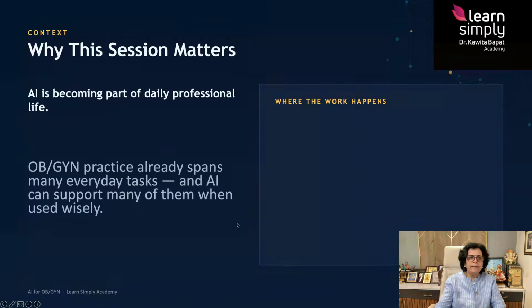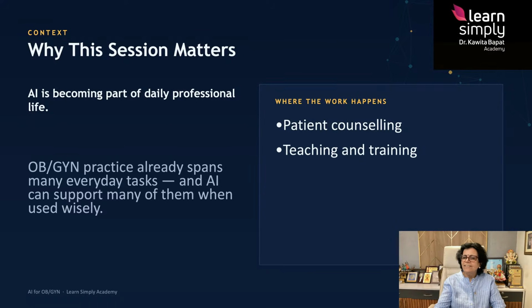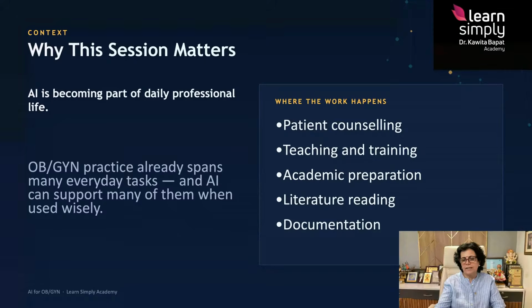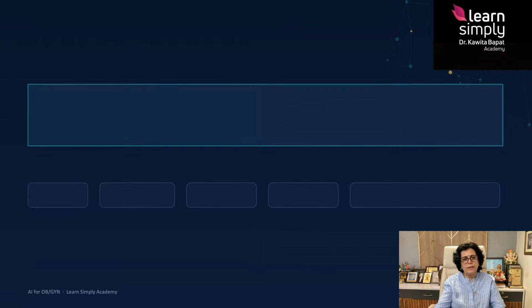So, why this session matters: AI is becoming a part of daily professional life, and OBGYN practice already spans many everyday tasks, and AI can support many of them when used wisely. The work happens in patient counseling, teaching and training, academic preparation, literature reading, documentation, as well as practice communication.